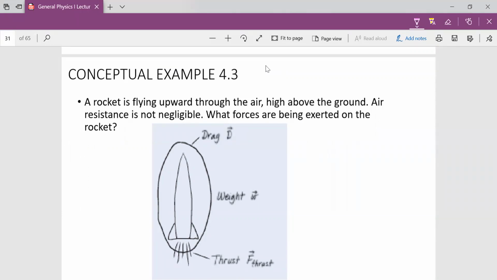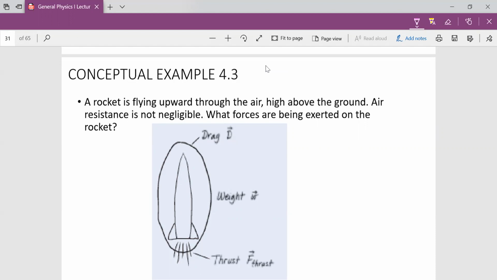By now we already know exactly how to do that following the steps. Identify the object, make a picture of what you can describe from the text given to you, draw your circle around the object, identify points of contact, label every contact force, and also identify the long-range force and label it as well.